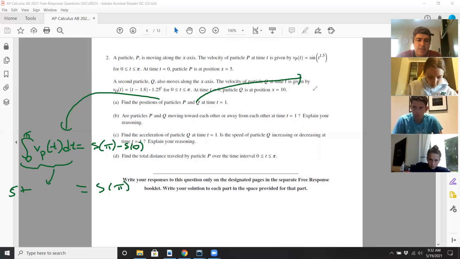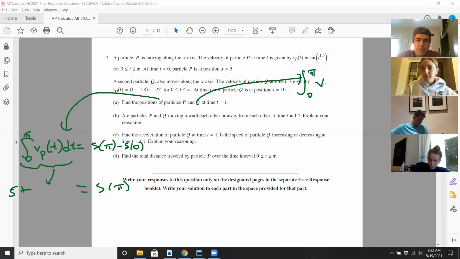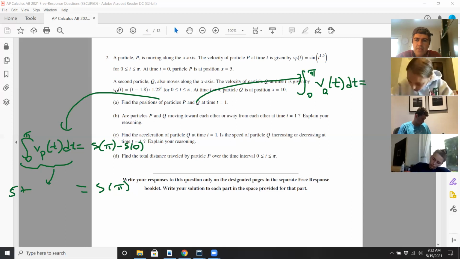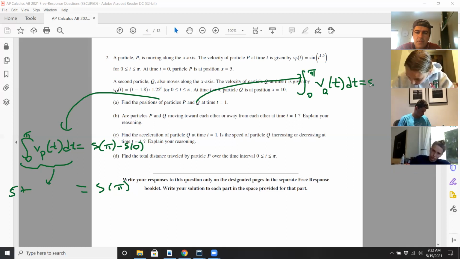And then you can do likewise over here. 0 to pi for vQ(t) dt equals s(pi) minus s(0).